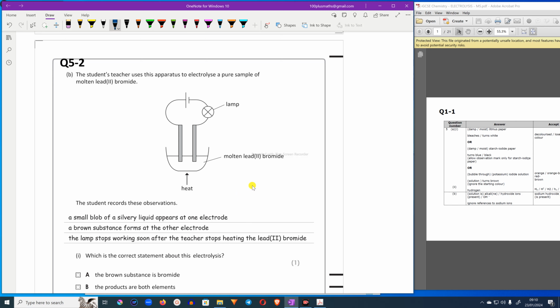What you've got in here is lead bromide, solid, and it carries on forever all the way across.